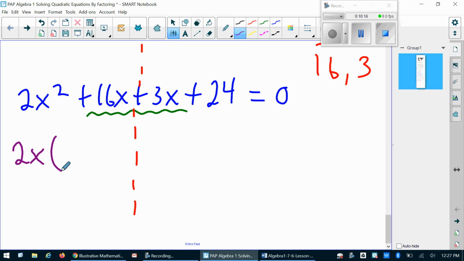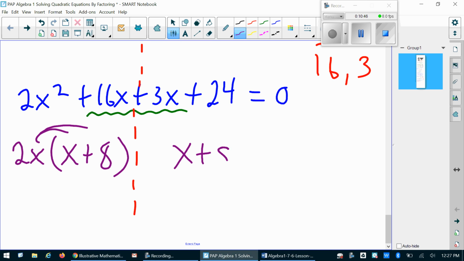What I put in parentheses is what I get after I divide. 2x squared divided by 2x is just x. And then 16x divided by 2x is 8. You can always check your factoring by distributing it back out like this, and it should be the exact same thing as we had up top.